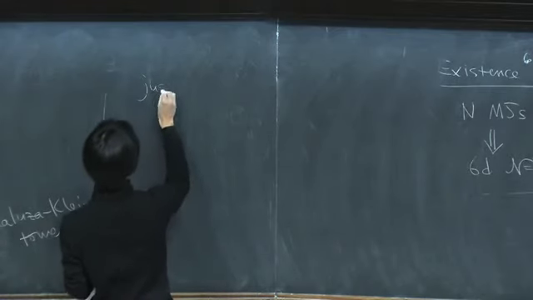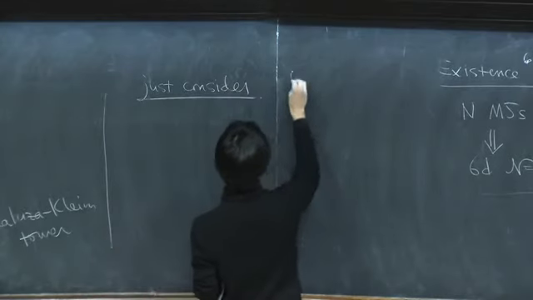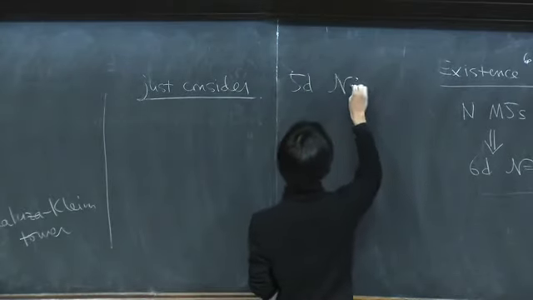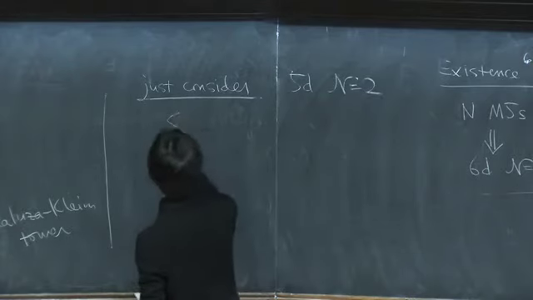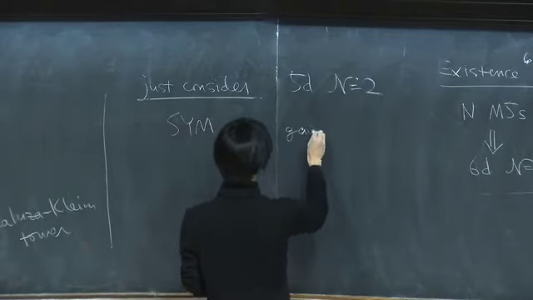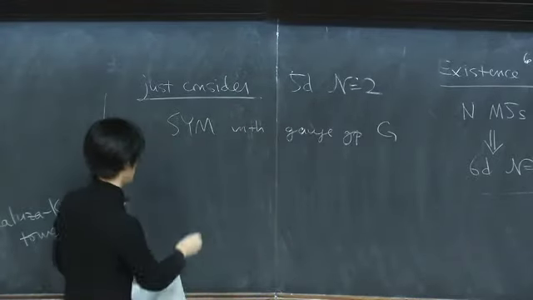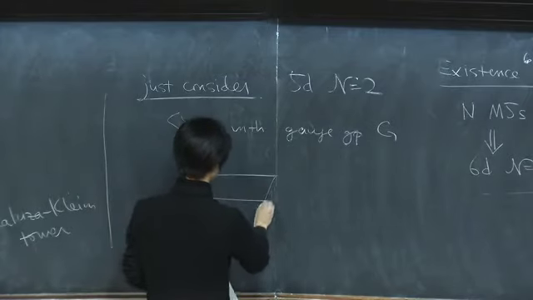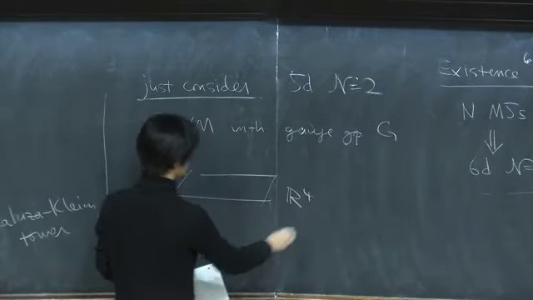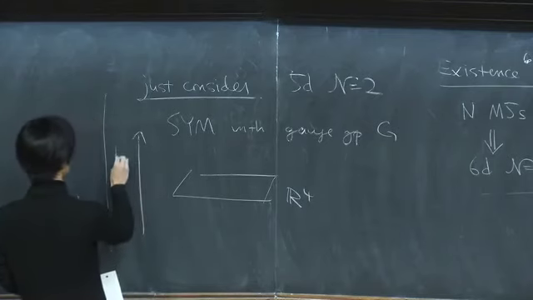Just consider 5D N equals 2 super Yang-Mills with gauge group G on a flat space. So it has a 4-dimensional flat space-like direction times the time.